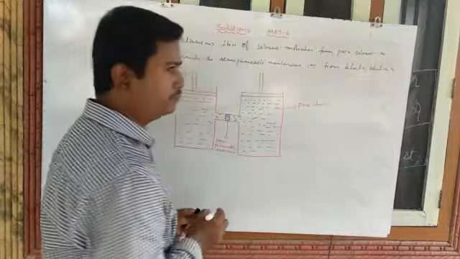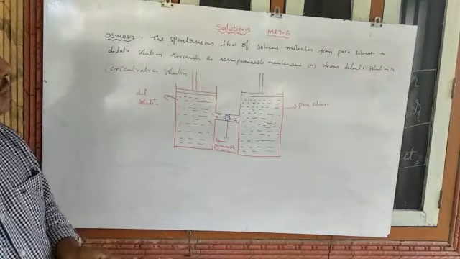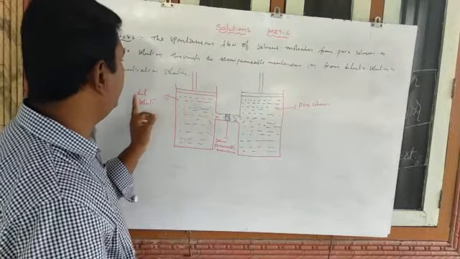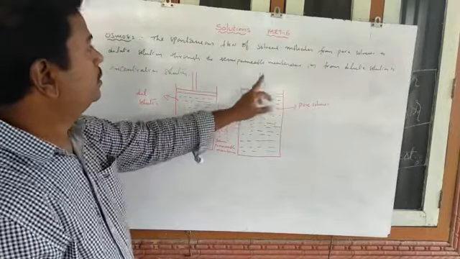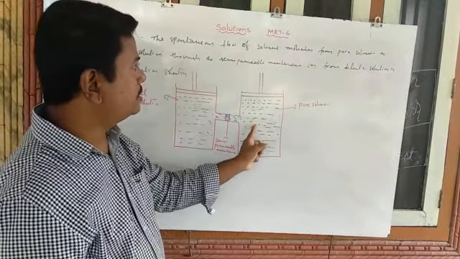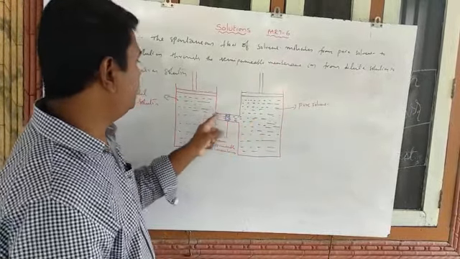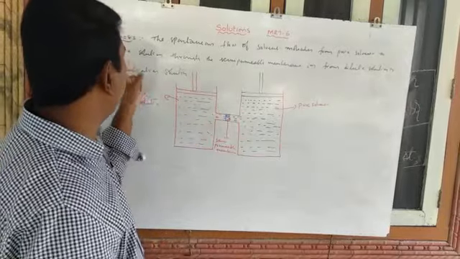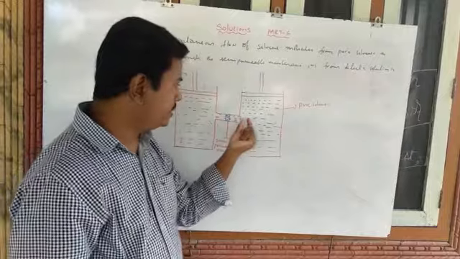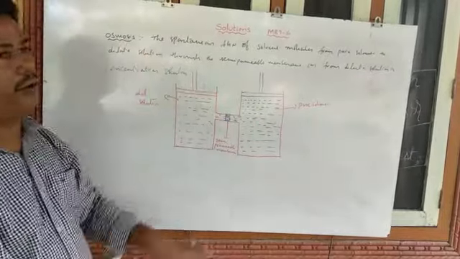Observe here, this is a pure solvent and this is a dilute solution. The spontaneous motion of solvent molecules from the pure solvent to the dilute solution through a semi-permeable membrane is called osmosis.